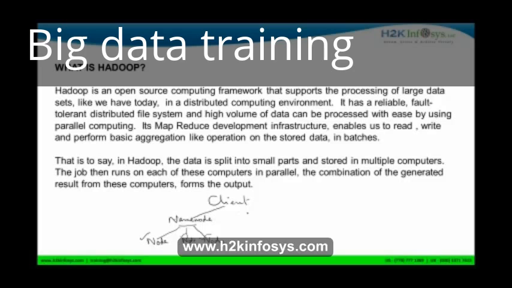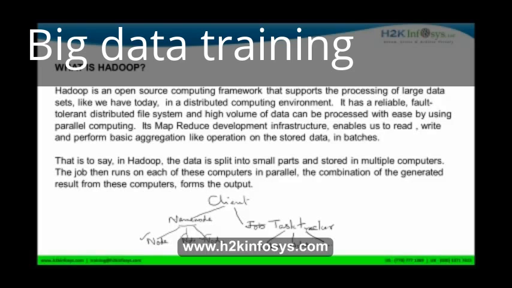And there is also the computer which takes care of the computation on the data, which takes care of the job, called the job tracker. That's the main computer, which also has multiple nodes under it.